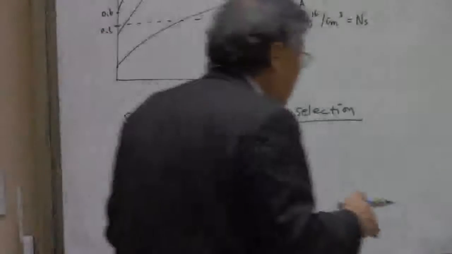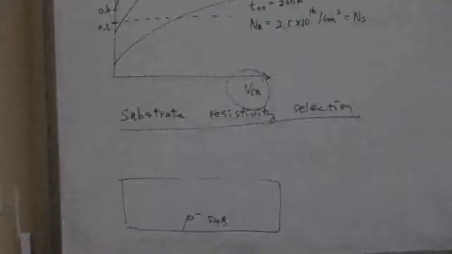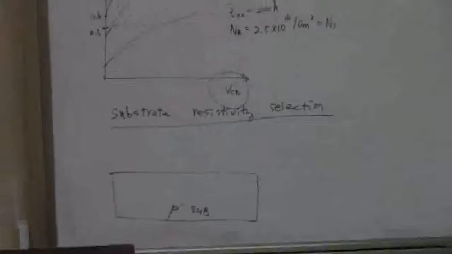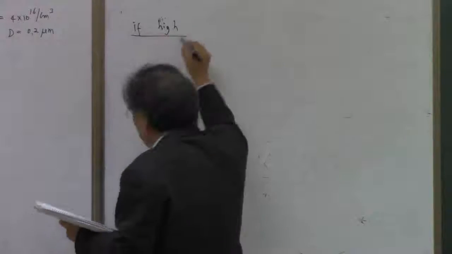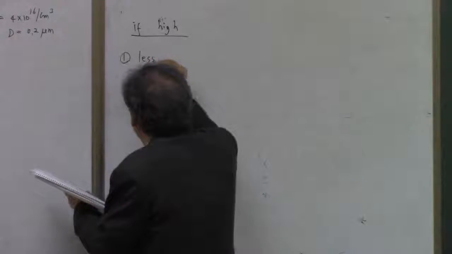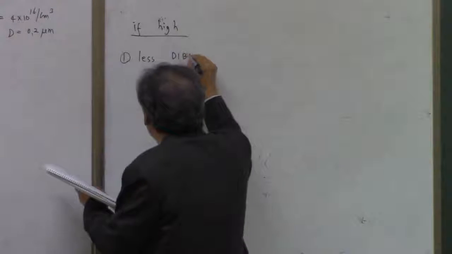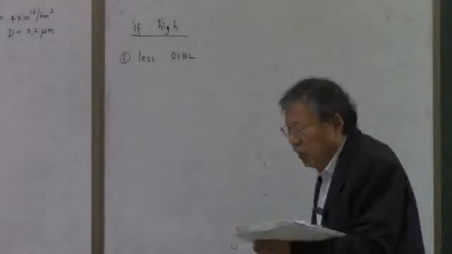It is very important to compromise between these two effects, doping levels, I mean. So if the doping level is high, then we can have this benefit. Firstly, less DIBL. DIBL is nothing but the geometry effects.